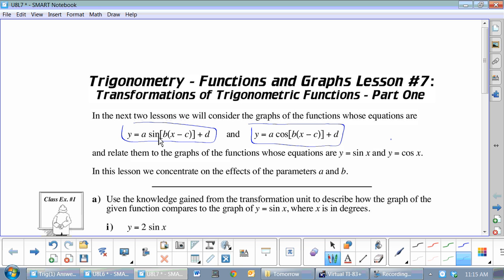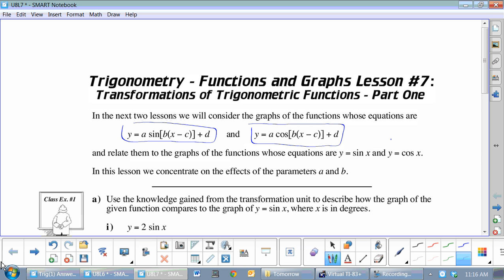Okay? These A, B, C's, and D's also stand for altitude. Now, why is altitude the same thing as vertical stretch? Come on, think about it. The more you stretch it, the higher the altitude gets. Right? The altitude was 1. So if I do a vertical stretch by 3, it should be 3 now. Right? Okay? And then B, you'll start to see, has to do with the period, and C and D are moving it.